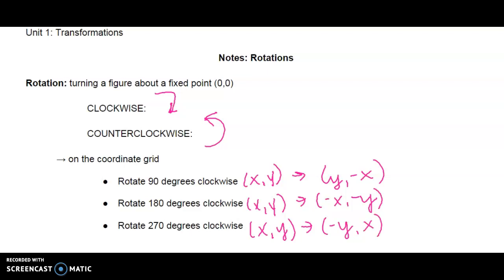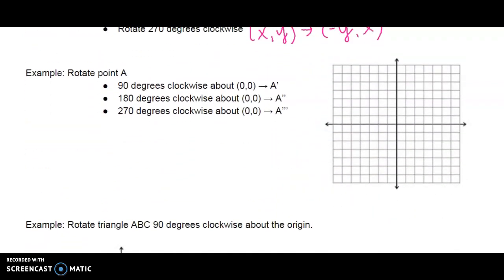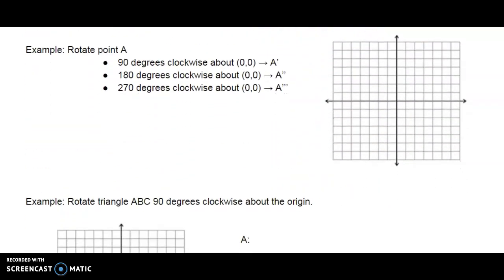Okay, so let's practice that. Scrolling down, we have example A. We want to rotate point A three different times about the origin. Point A is going to be here at point (3, 2). Now we want to rotate 90 degrees about the origin.